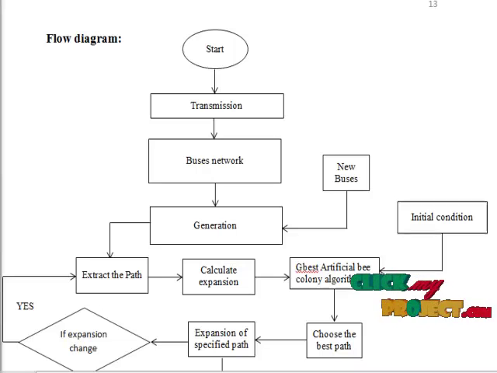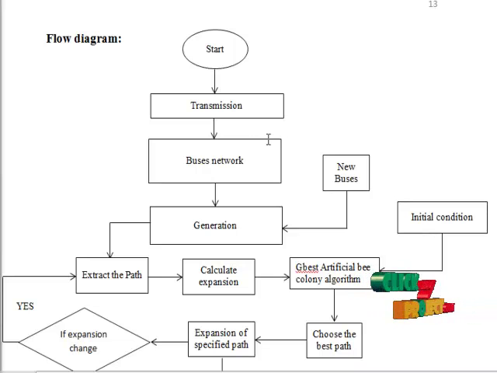Then in generation, the power generated at the generating station is at a low voltage level, as low voltage power generation has some economical values. Low voltage power generation is more economical than high voltage power generation.